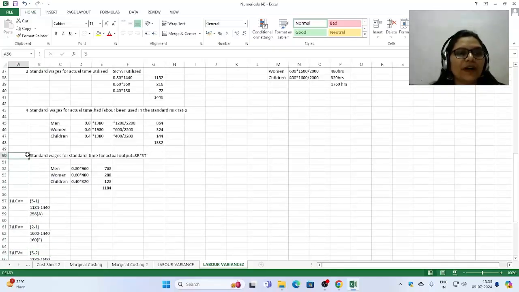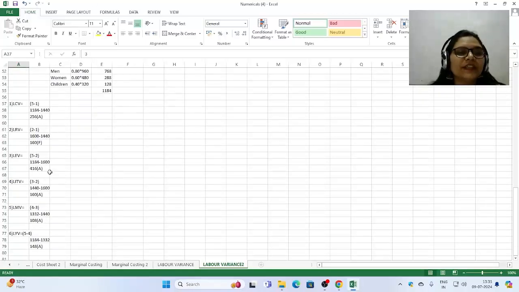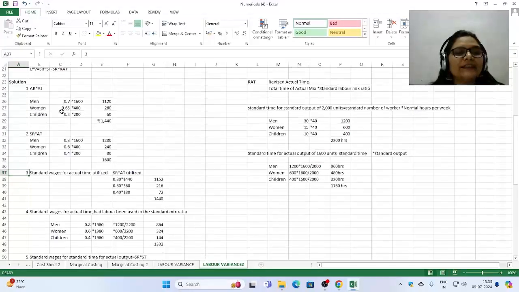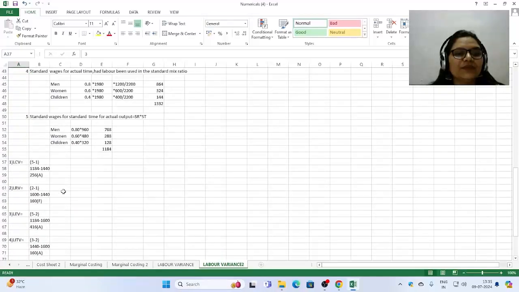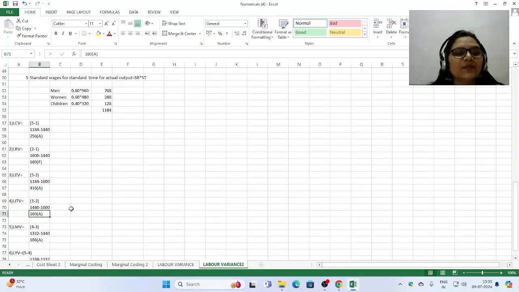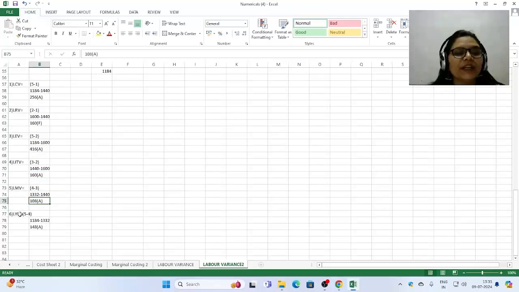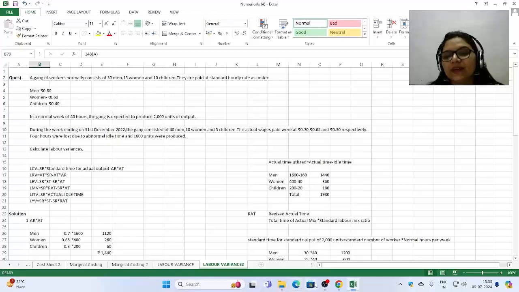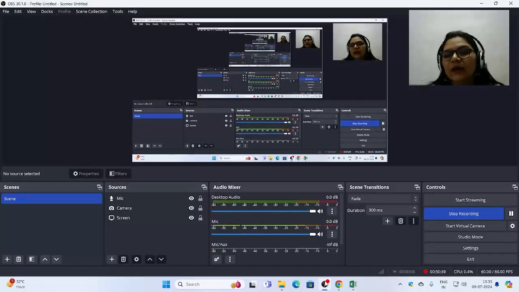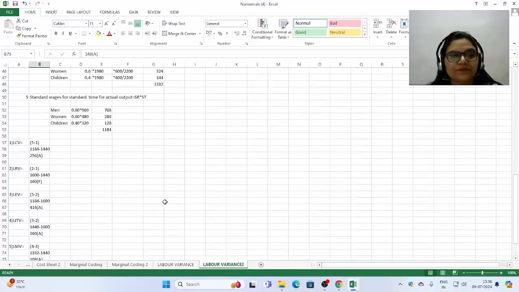This selection of 5, 4, 3, 2 or whatever equation we are selecting, we need to see the formula and see what is required in the formula and we will input these values. Labor idle time variance 160 adverse, mix variance 108 adverse, yield variance 148 adverse. Now we have recorded all these values in a given formula and calculated the labor variances.